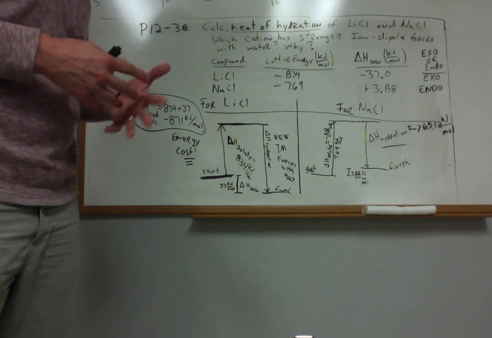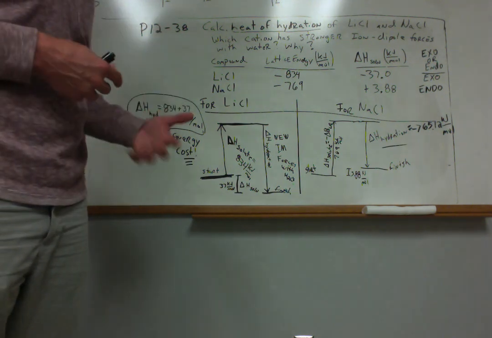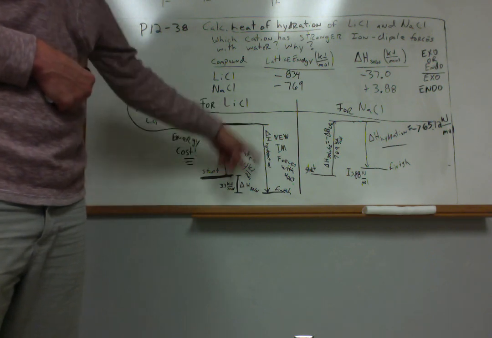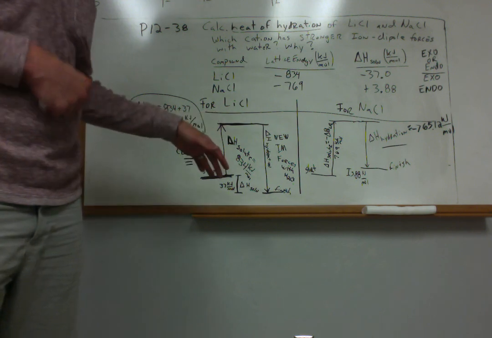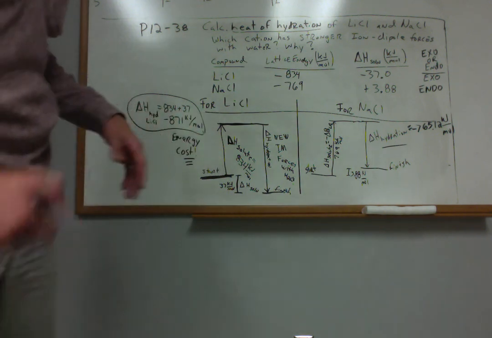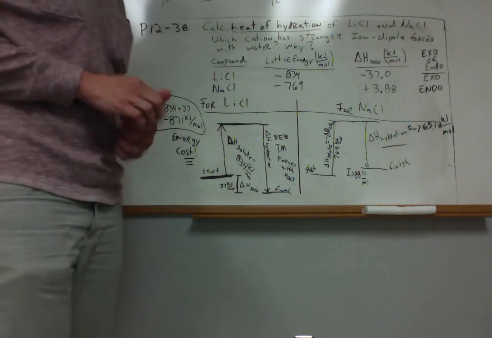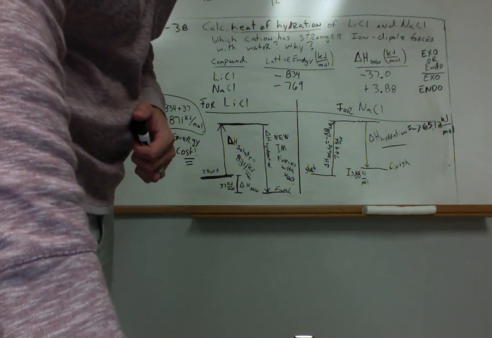So the key is getting all this vocabulary down and understanding what these different terms correspond to. And if you can do that, and then if you also have the idea of how to draw one of these figures and understand which processes are endothermic, which processes are exothermic, I think you can go a long way to solving these types of problems, okay? Understanding the physical business behind this material, okay? Thanks.